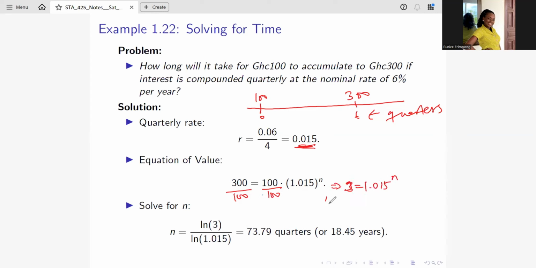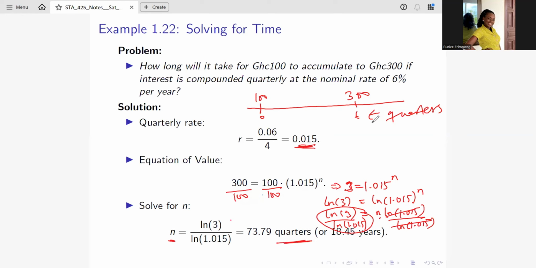In this case, I can take log of both sides, and then I divide both sides by log of 1.015, then n stands alone. So n is equal to log of 3 over log of 1.015, and that's giving us 73.79 quarters.